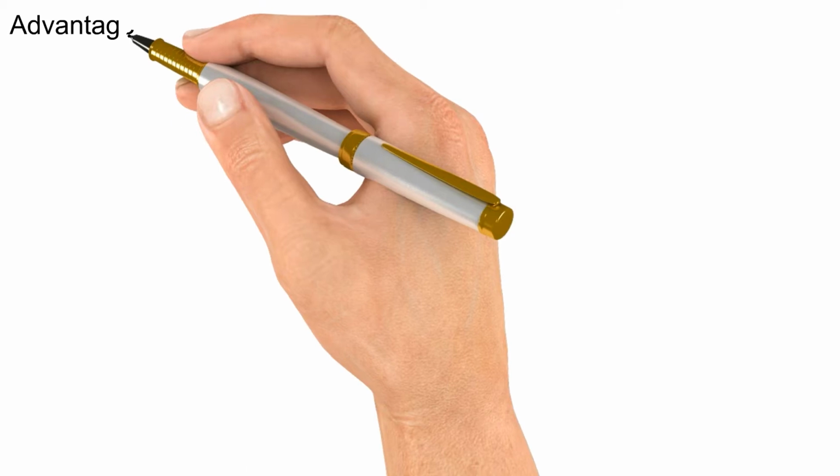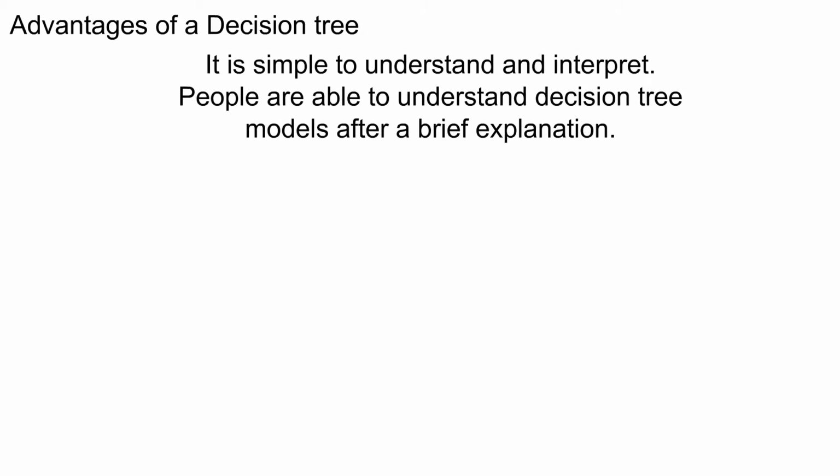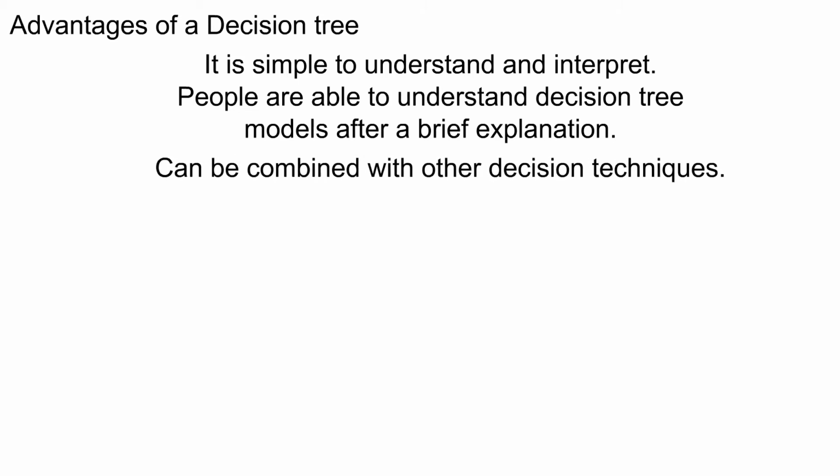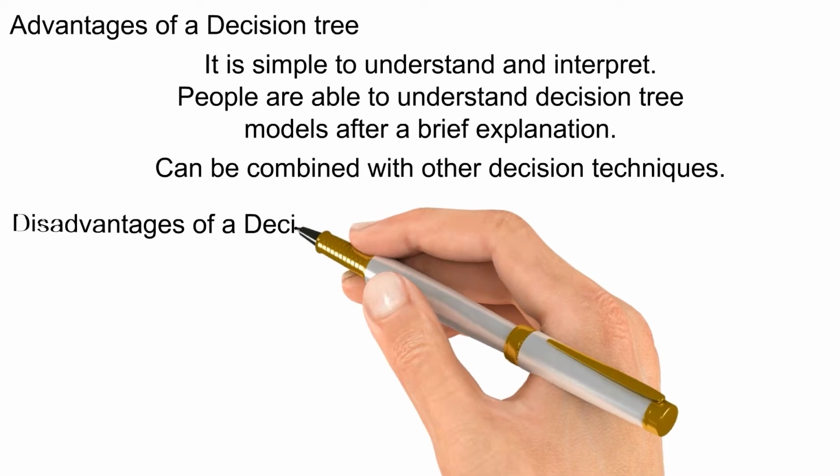Now here are some advantages of a decision tree. It is simple to understand and interpret. People are able to understand decision tree models after a brief explanation. It can be combined with other decision techniques also. Now we will talk about the disadvantages of a decision tree.